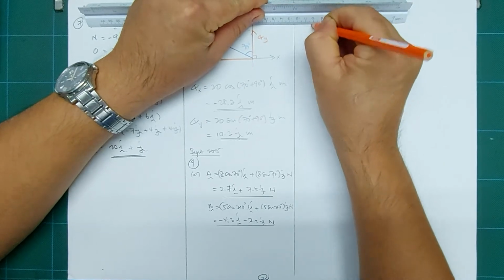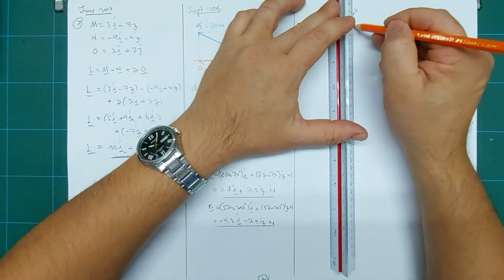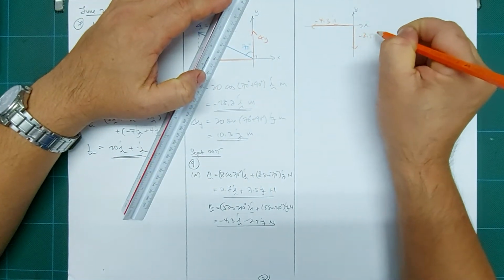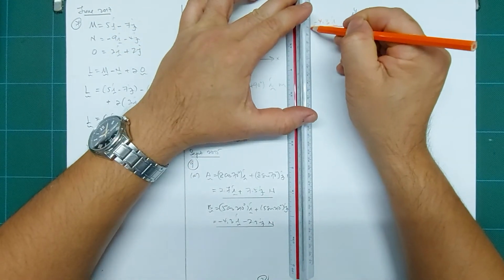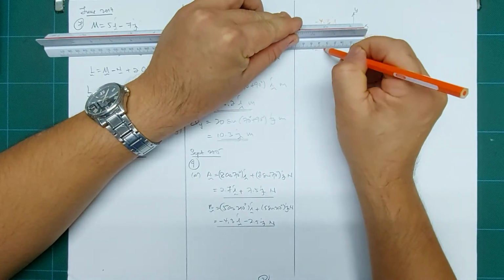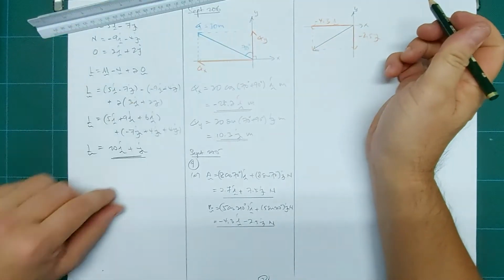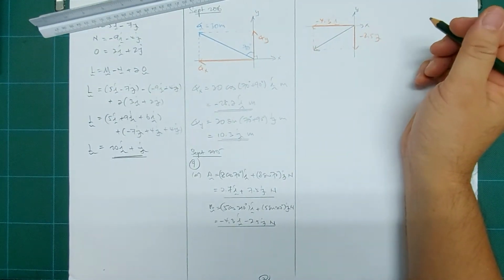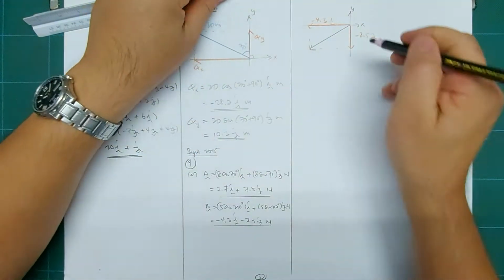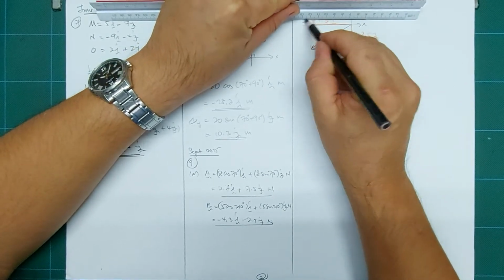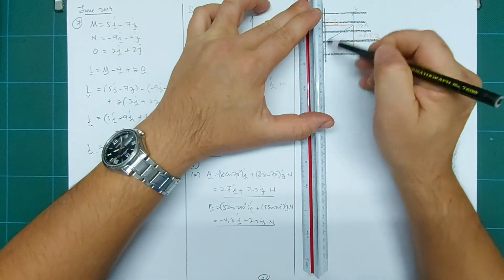Your horizontal component is negative 4.3 I and your vertical component is negative 2.5 J. Sorry, my mistake, I only drew B, so this is wrong. Cancel. I'm supposed to sum them up first before I draw.